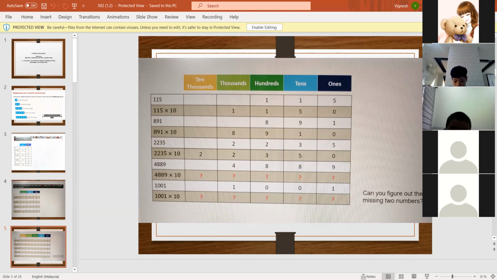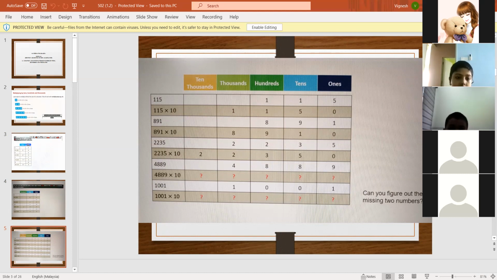One. Very good. As I said just now, when you want to multiply by 10, the numbers have to move to the left and you have to add the zero, or else you can insert the zero at the ones place. So now it becomes 1150. Correct or not? And the second one is also the same. Third one also the same.